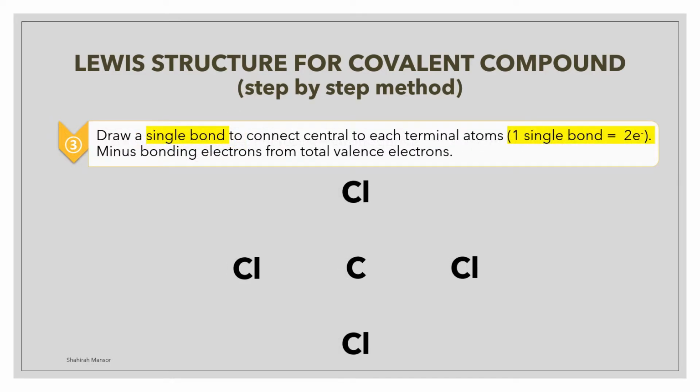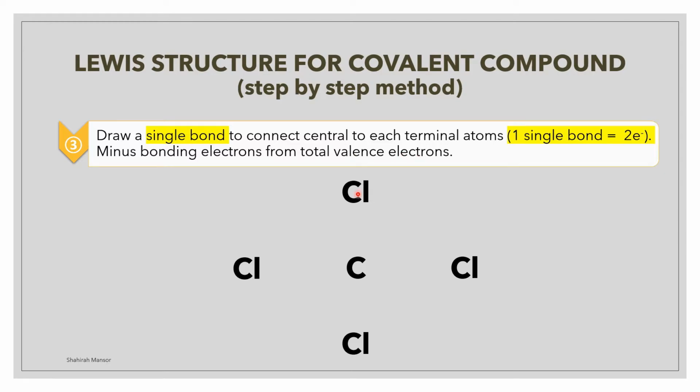In step 3, draw a single bond to connect between central atom to each terminal atoms. So this one bonding or a single bond represents 2 electrons. Satu single bond mengandungi sebanyak 2 elektron. And then make sure you minus bonding electrons from the total valence electrons.